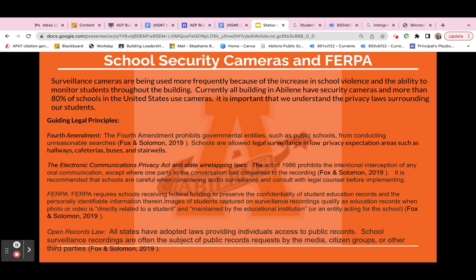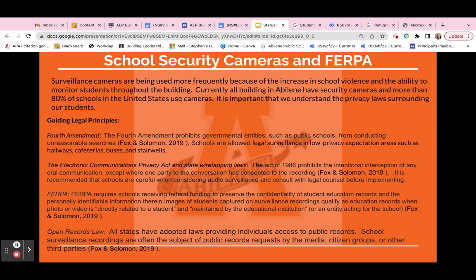FERPA requires schools receiving federal funding to preserve the confidentiality of student education records and personally identifiable information, which could include images of students captured on surveillance recordings, which qualify as educational records when the photo or video is directly related to a student and maintained by an educational institution.